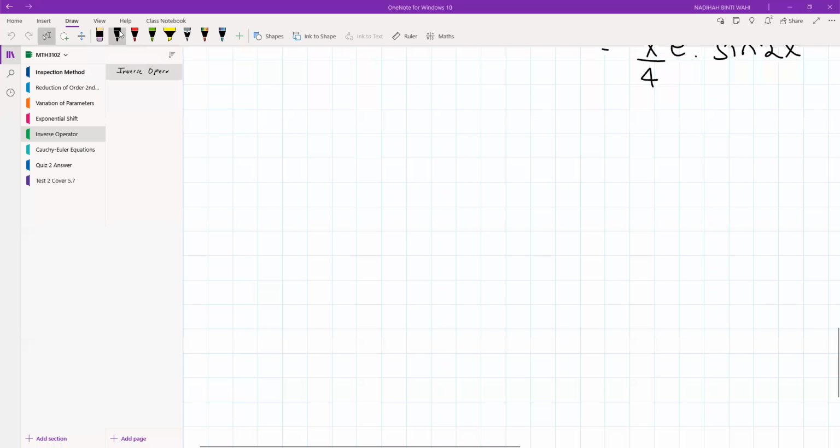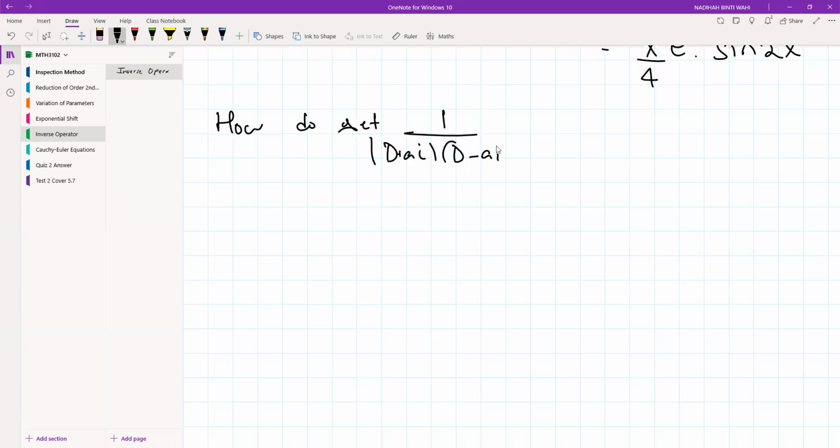How do you get 1 over D minus AI times D plus AI of E to the AX, AIX? So macam mana saya dapat X dengan E to the AIX divided by 1 factorial times 2 AI?